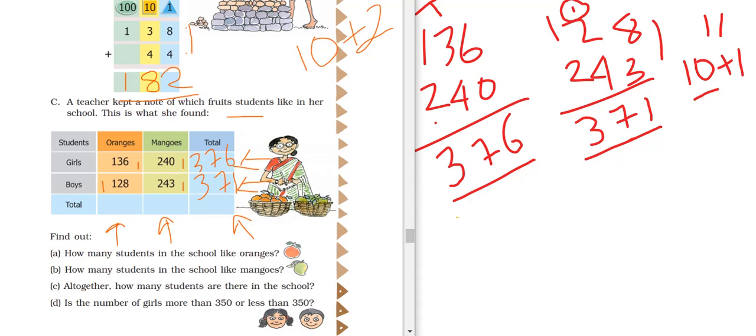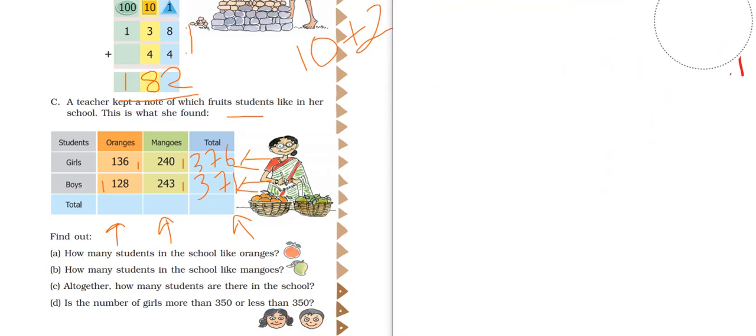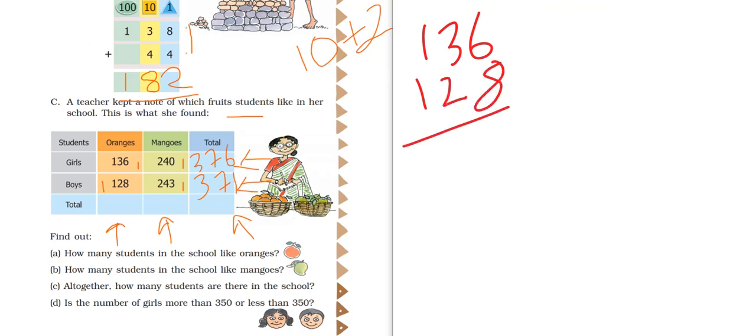Now let's count how many students in all like oranges. So we will add up 136 and 128. So you have 6 and 8 ones, that is a total of 14 ones, which is nothing but 10 and 4 ones.